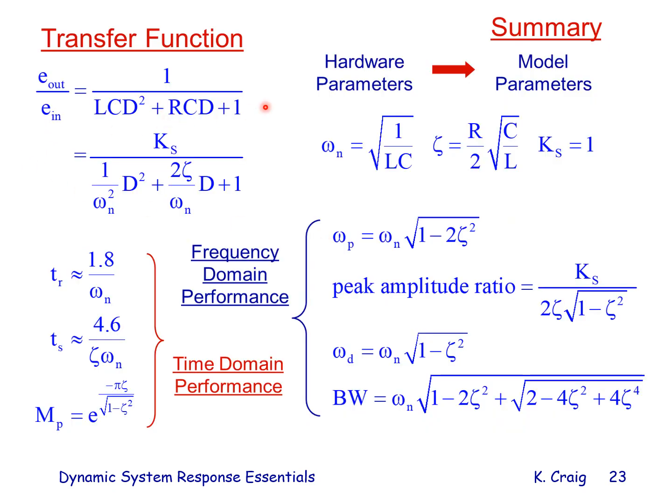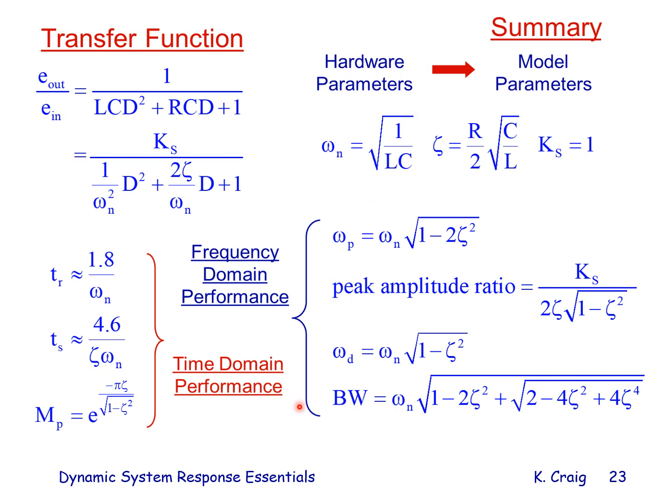This slide just summarizes what we've been saying. Here for the LCR system, here is your transfer function in terms of hardware parameters. Here's the transfer function in terms of performance indicators, omega n, zeta, k sub s. Here is the relationship between these two, omega n, zeta, k sub s, in terms of the hardware parameters.